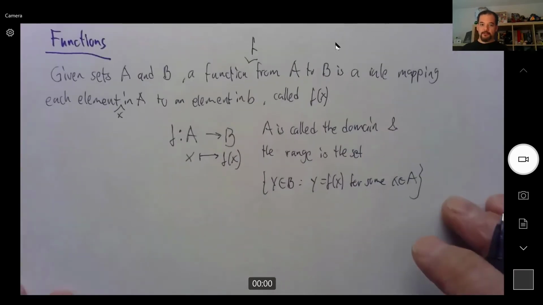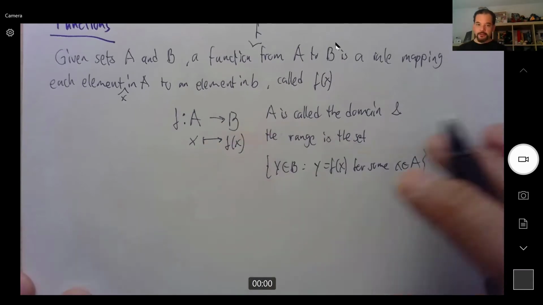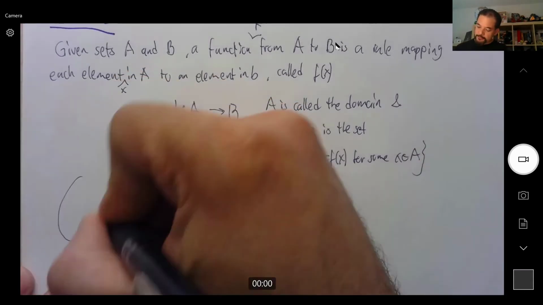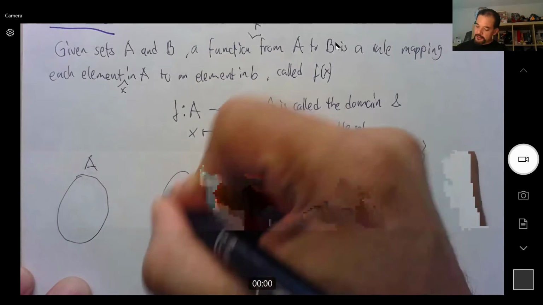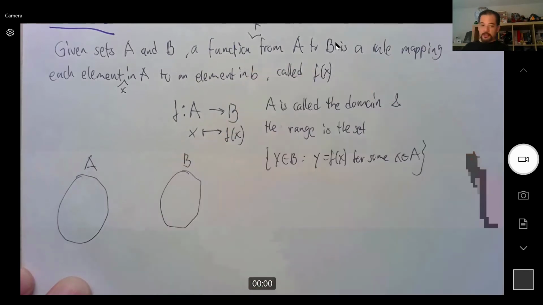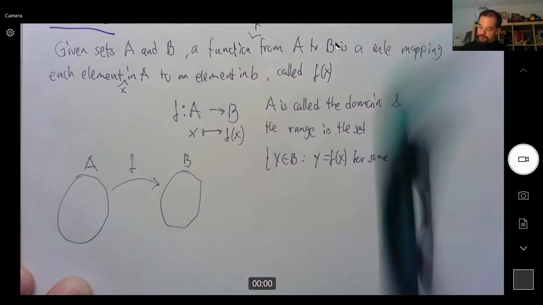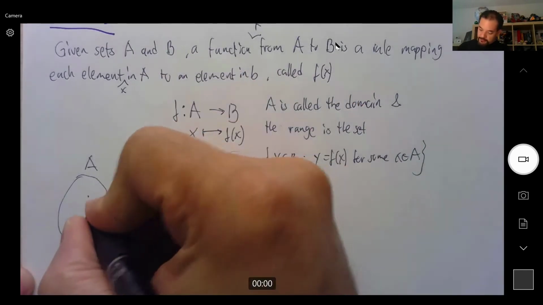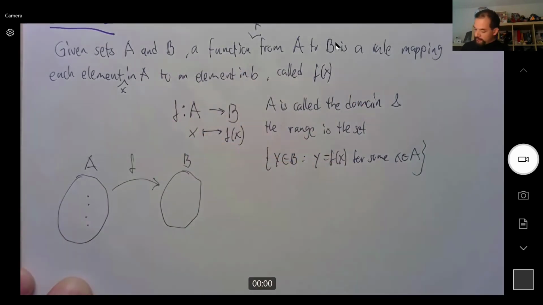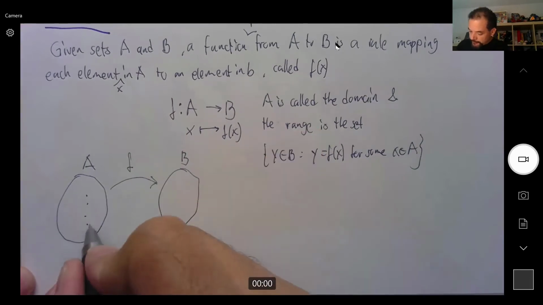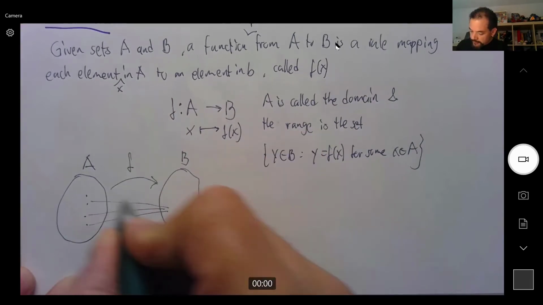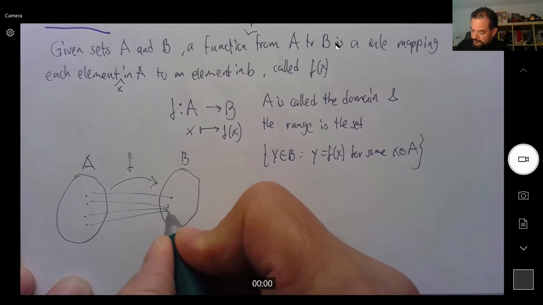All right, if I were to make a little diagram of what this function could look like, maybe I have the set A here, the set B, and we have some mapping, some assignation F, and it takes values in here to elements over here, right?